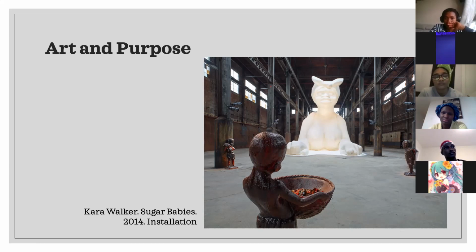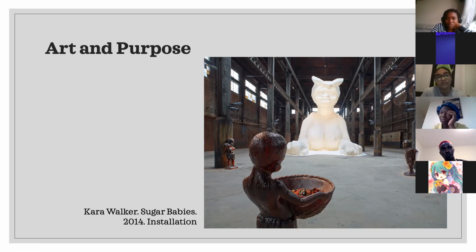Then can you guess which material is used for this sculpture? The white sculpture? It's hard. Maybe ceramic. Yeah, it looks like ceramic. That's what I thought when I saw this work the first time.